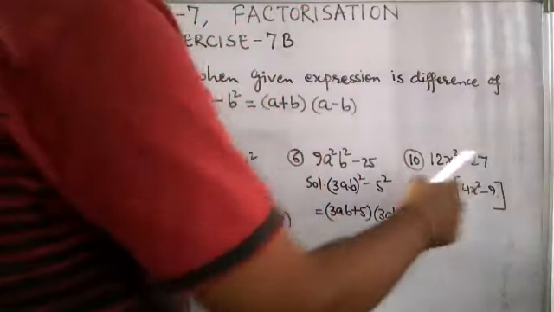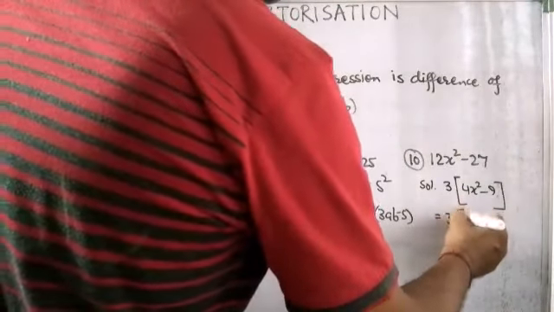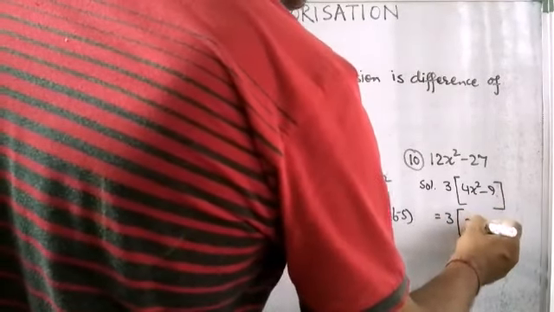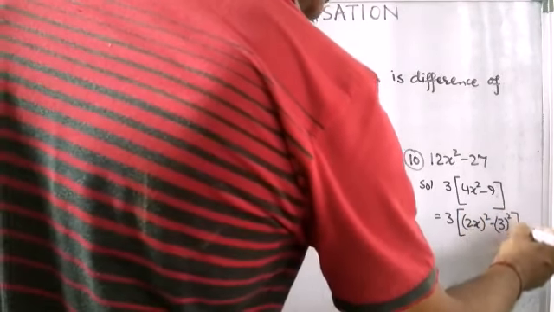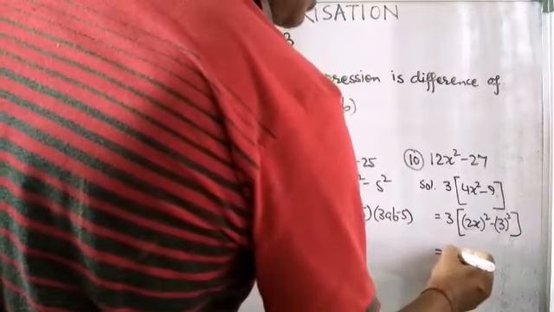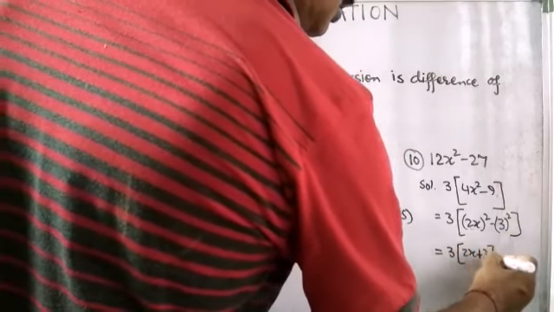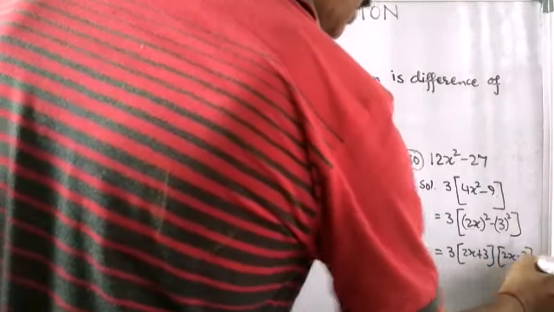Now, inside the bracket, the expression has to be changed into a difference of two squares, that is 2x whole square minus 3 square. Now the result becomes 3 into 2x plus 3 into 2x minus 3.